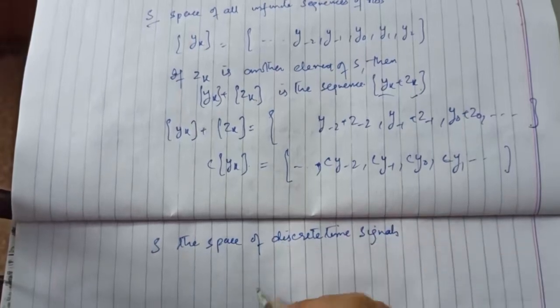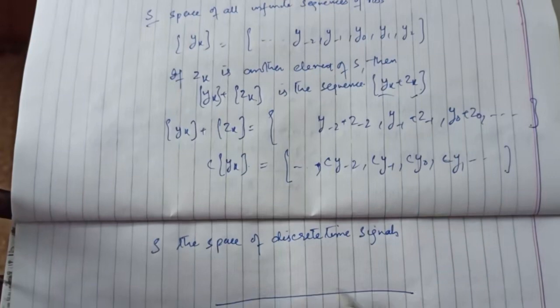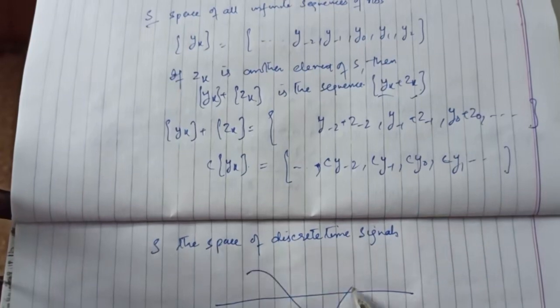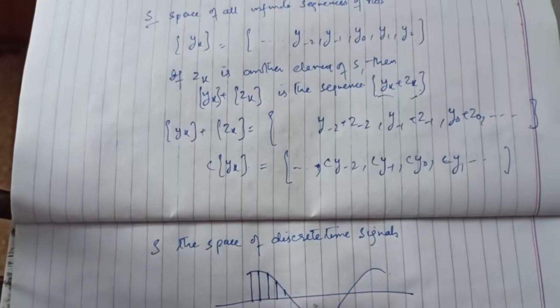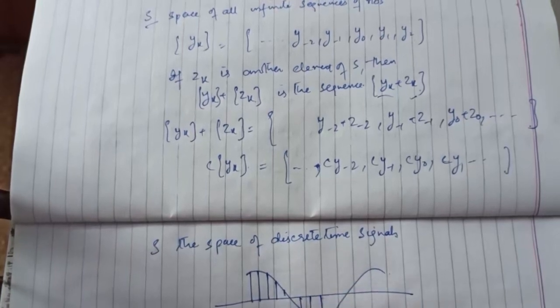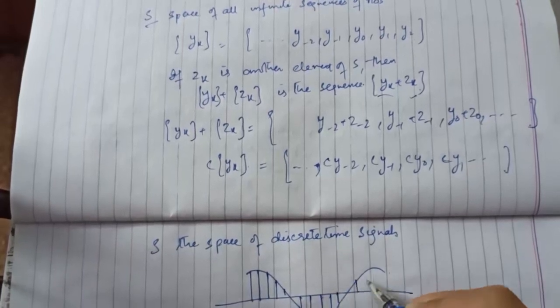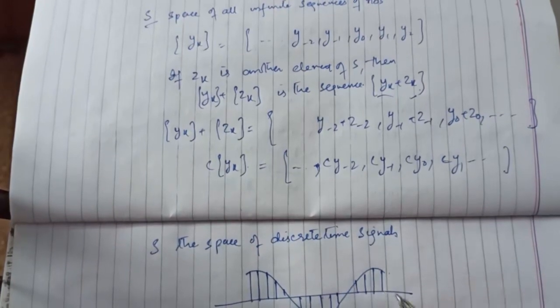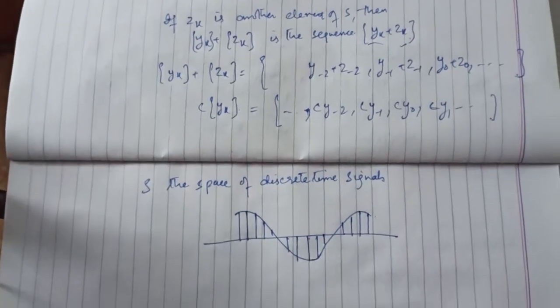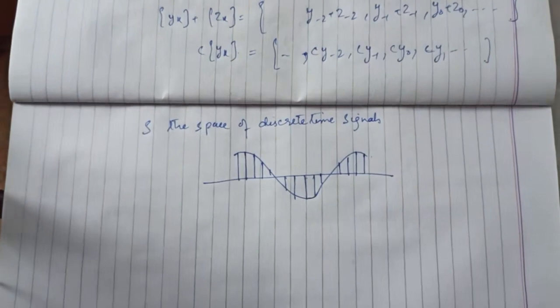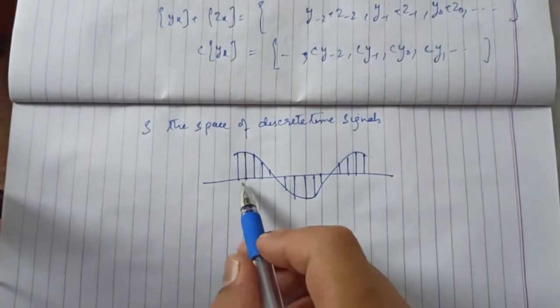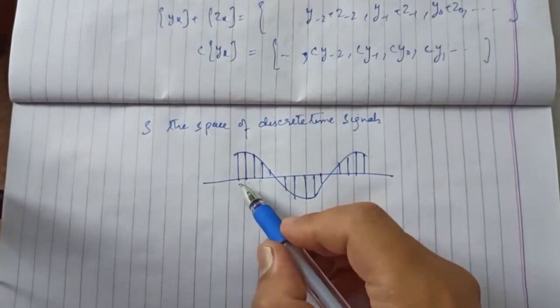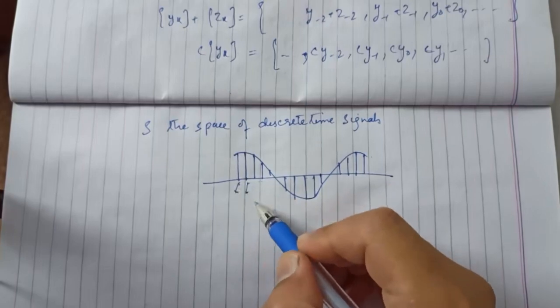For example, say there is a pulse wave here. We may want to sample the signal, because that's what you do in signal processing and communication systems. You sample the signal and then apply some kind of operations on it. All these values that you are getting form a sample space.